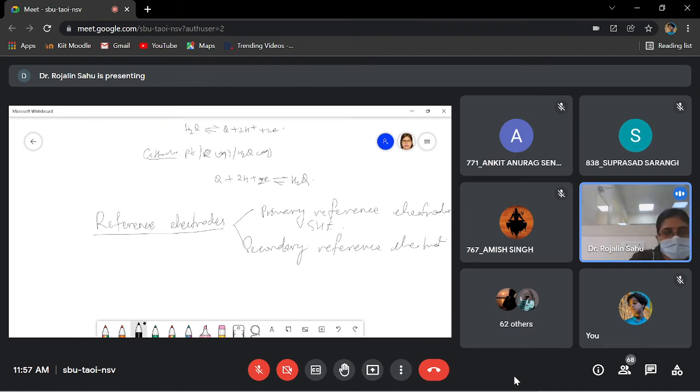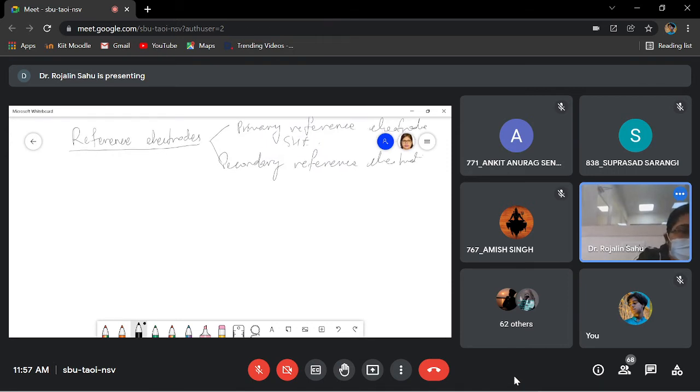So next we'll discuss electrode potential. So what is electrode potential?